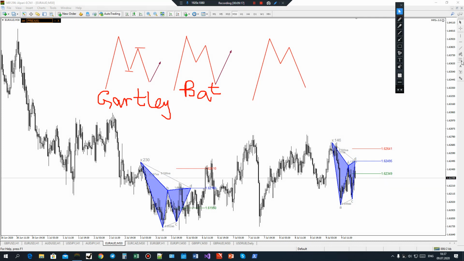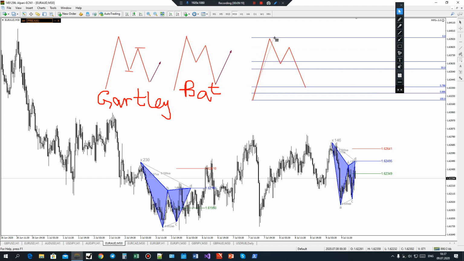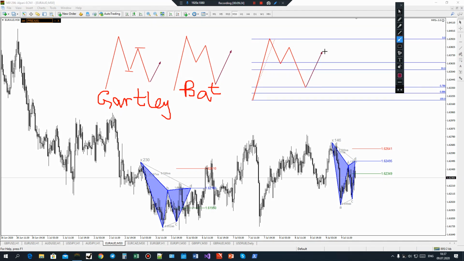Okay, so the guys who discovered this pattern, they actually said, you know, Mr. Scott Carney, although you say that the BAT pattern should complete at 886, we noticed that there are so many reversals at 786 that we should treat this pattern as a 786 pattern. Okay, and they called that pattern a Leonardo pattern.